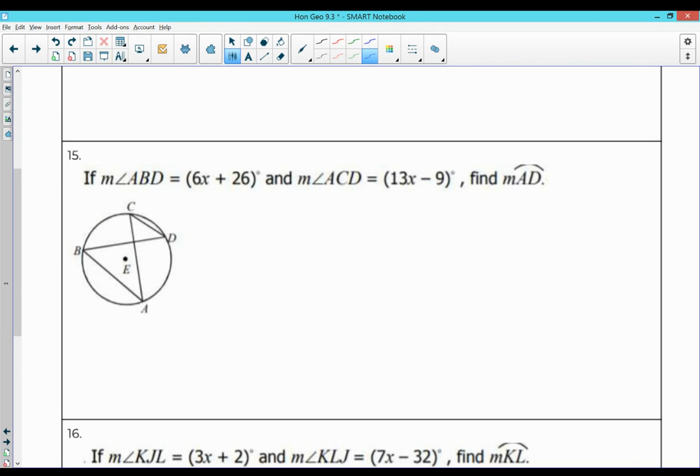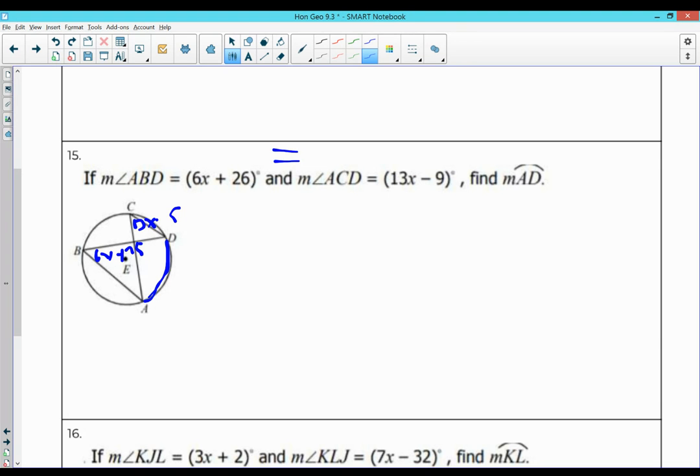The measure of angle ABD is 6x plus 25, and the measure of angle ACD is 13x minus 9. Find the measure of arc AD.